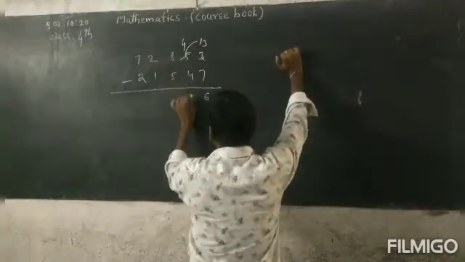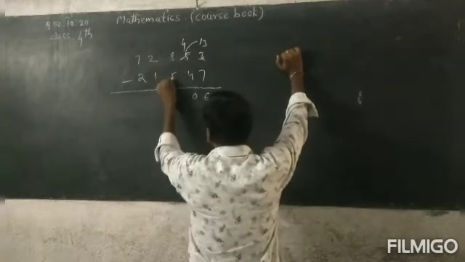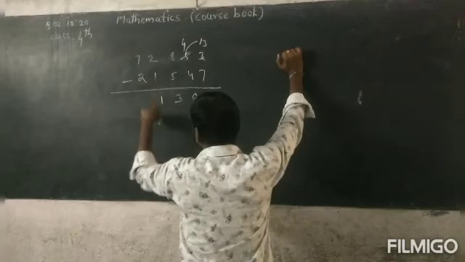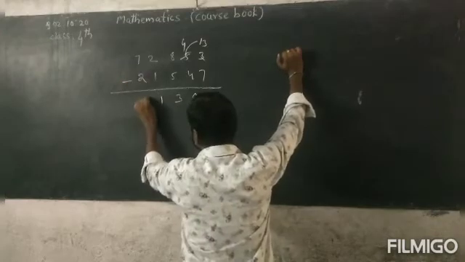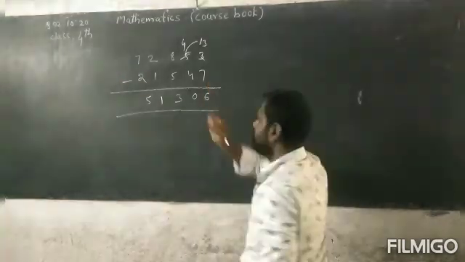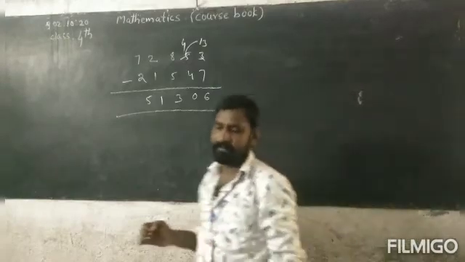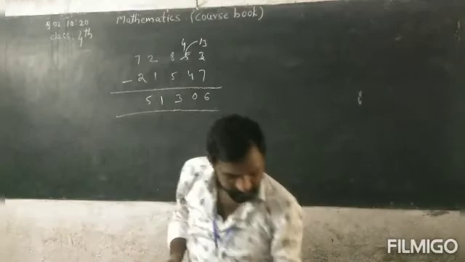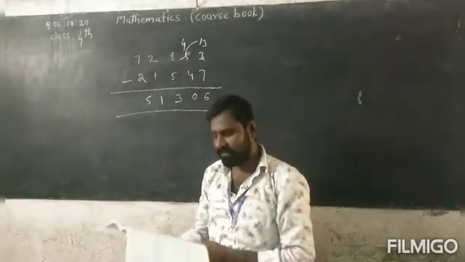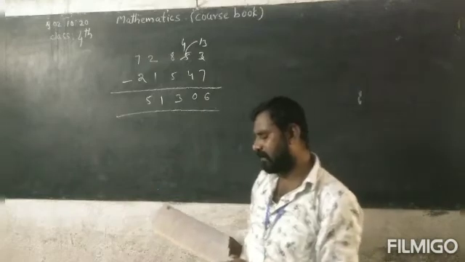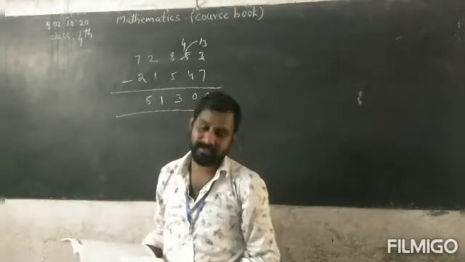Next 4 minus 4, 0. 8 minus 5, 3. 2 minus 1, 1. 7 minus 2, 5. So 51,306 more people sat on the benches. See here, so 51,306 people standing in the street were lesser in number than the ones sitting on the benches.